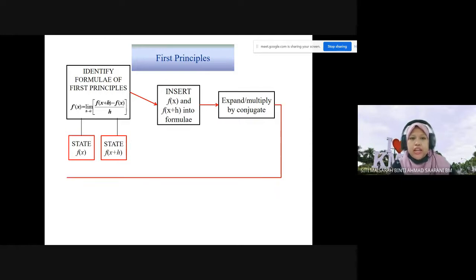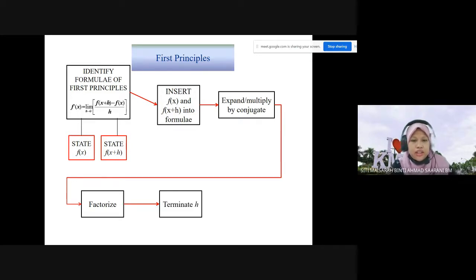Then after that, we factorize in order to terminate h. We want to cancel out h. And then finally, we get the answer by substituting, by evaluating the limit. The answer is without term h. So this is the overall step for first principle.